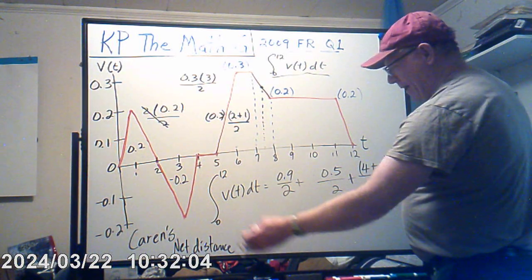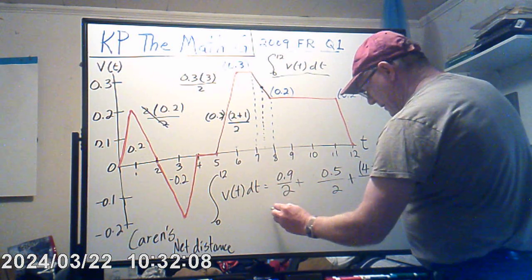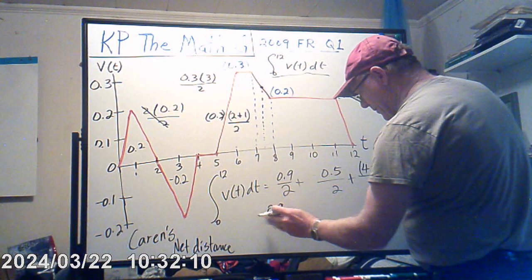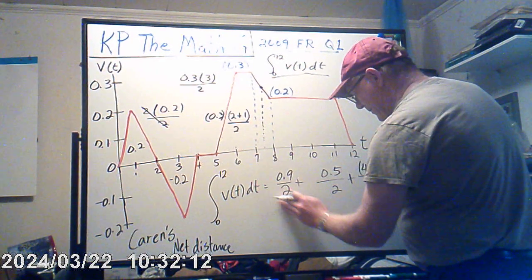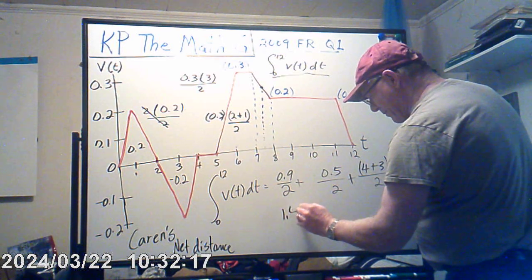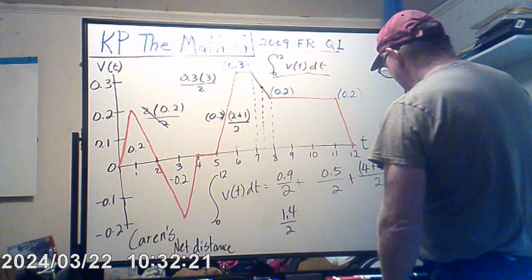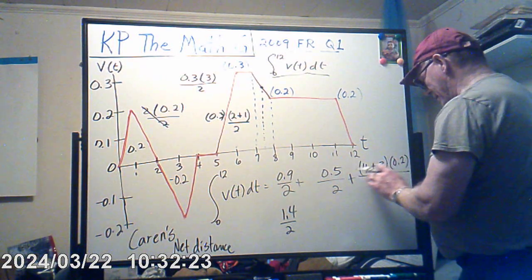Alright, we're looking at Caren's net distance. So this is 0.9 over 2, 0.5. That's 9 plus 5 is 14, so 1.4 over 2, like that. This is 7.